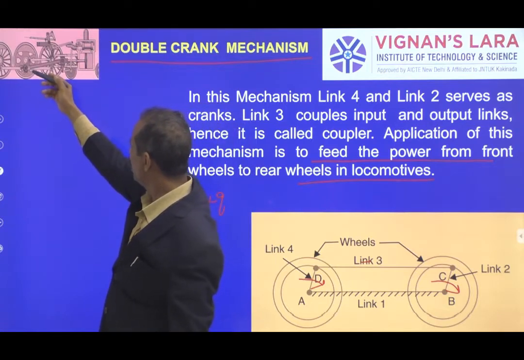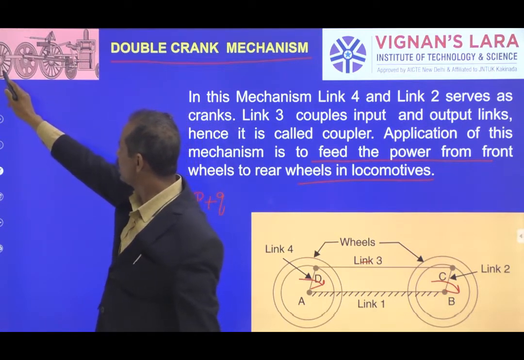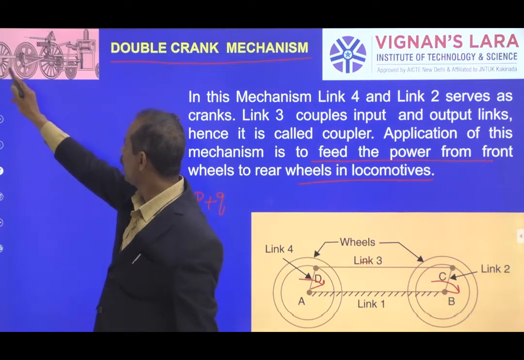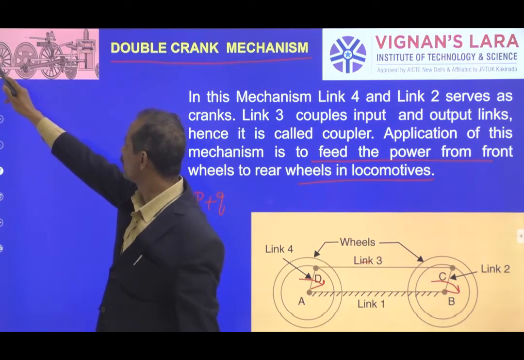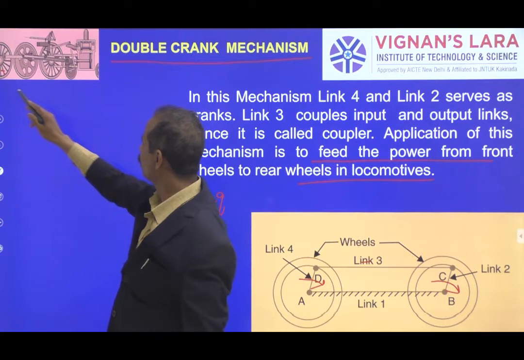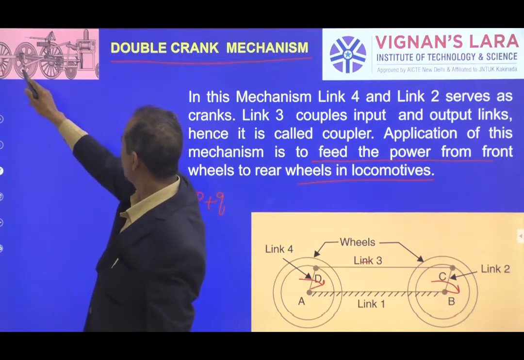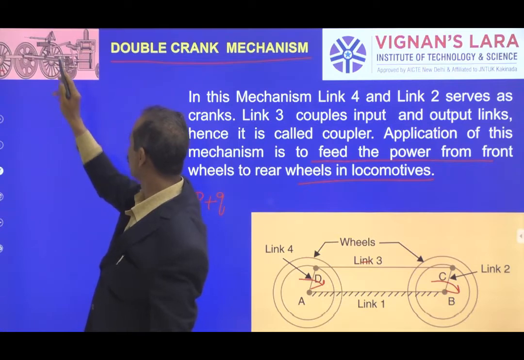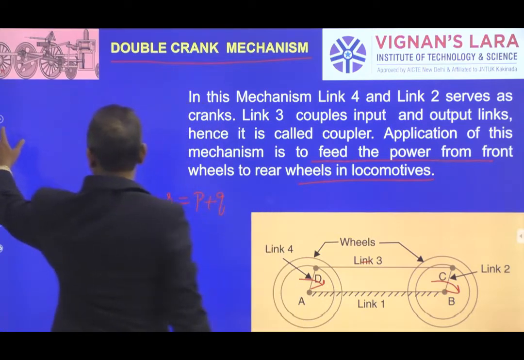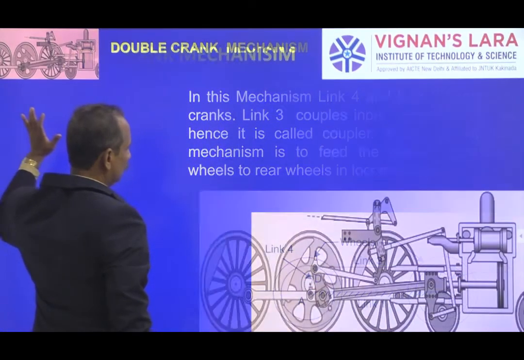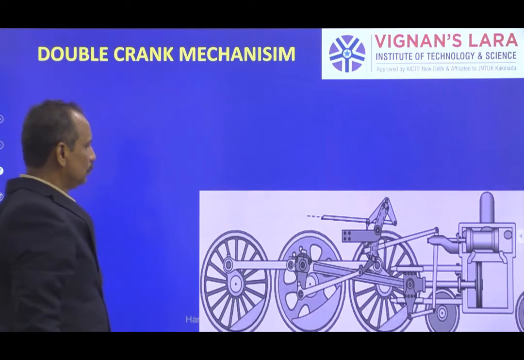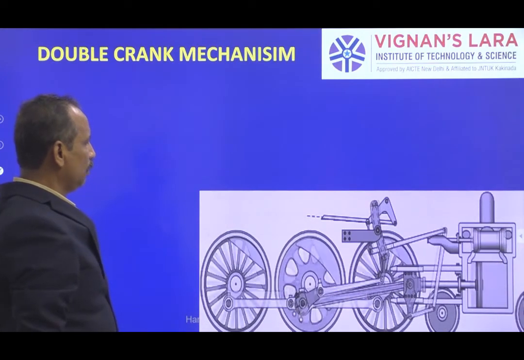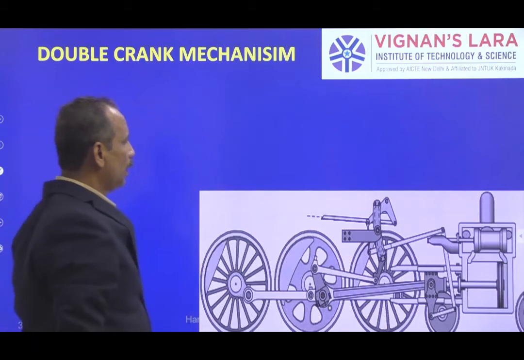You can see here, this is the input link and these are the output links. This input link is given as an output to here. So a complete picture is also shown. A complete diagram you can see here.